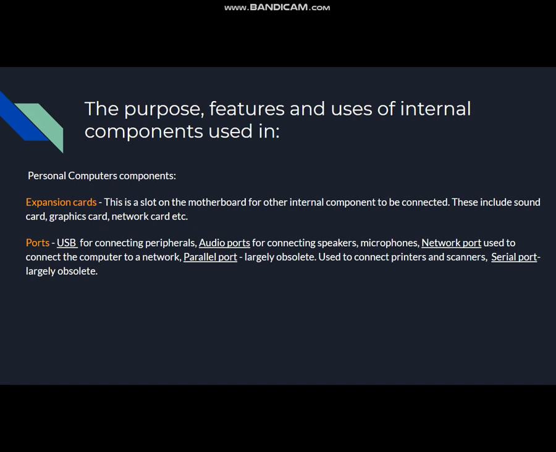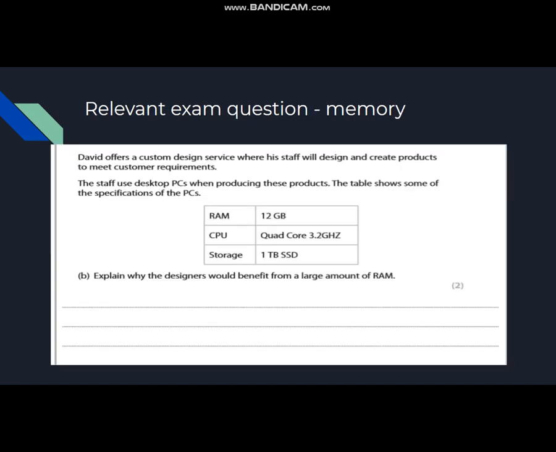For example, if I wanted to put a new graphics card onto my machine, I would put it onto a PCIe slot, and that would allow me to have more connections or more devices in my computer. And then we also have ports, where you have a USB port, for example, at the back of your computer. So that covers that content.